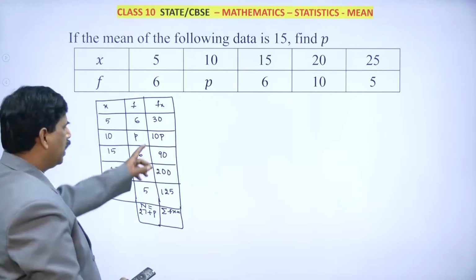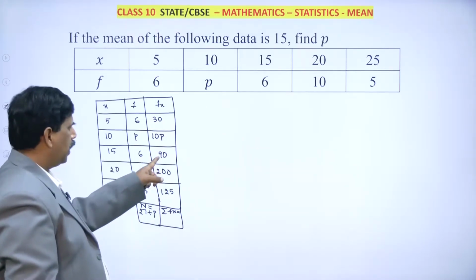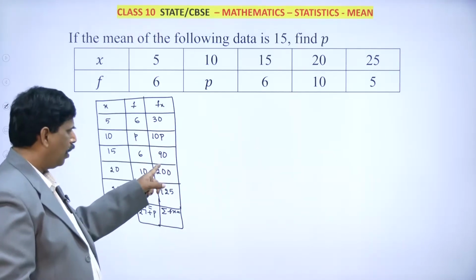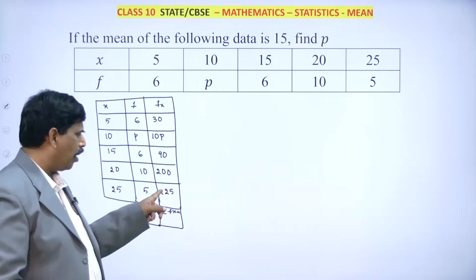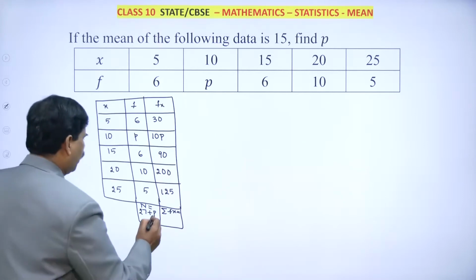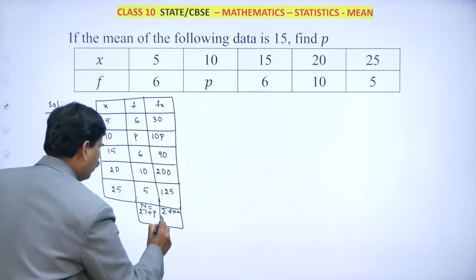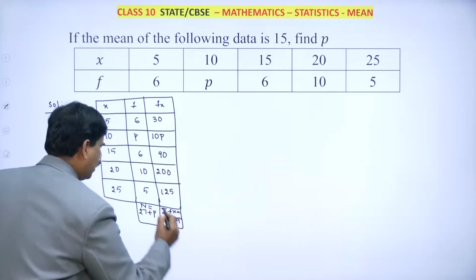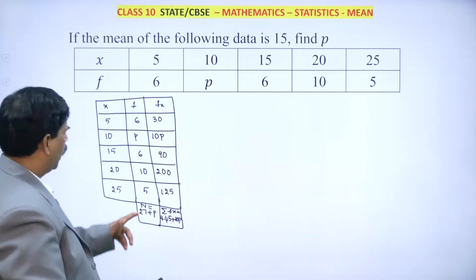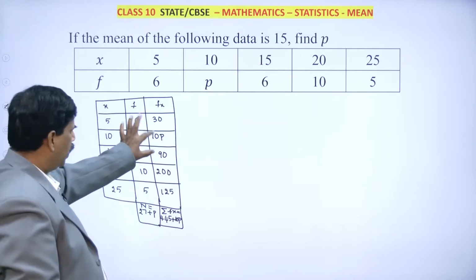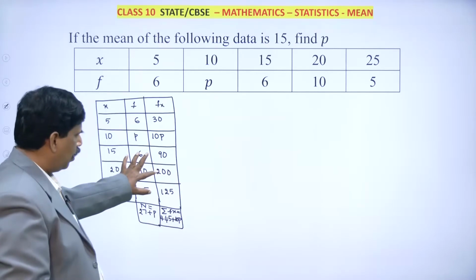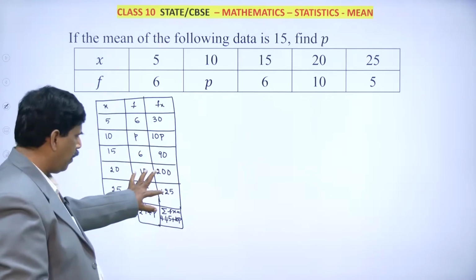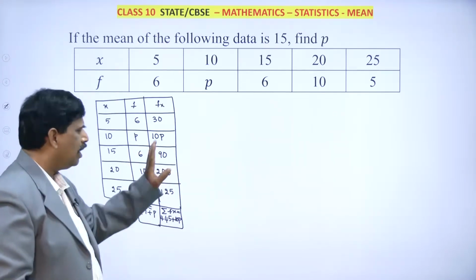You add now, leave that 10P first. 90 plus 30, 120, 120 plus 200, 320, 320 plus 125, 445 plus 10P. You can check it again. 30 plus 90, 120, 120 plus 200, 320, 320 plus 125, 445 plus 10P.